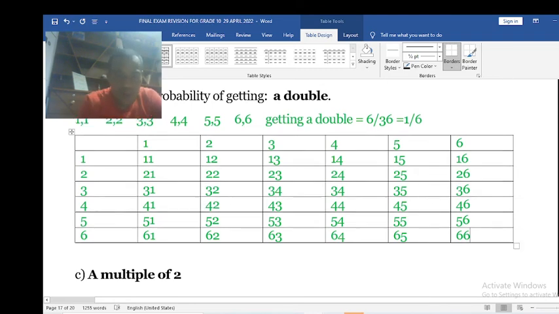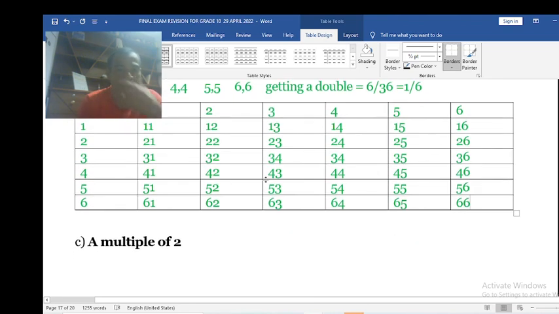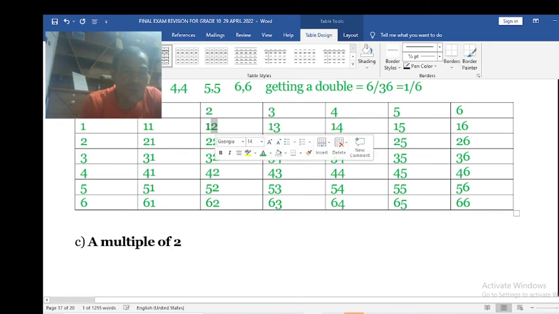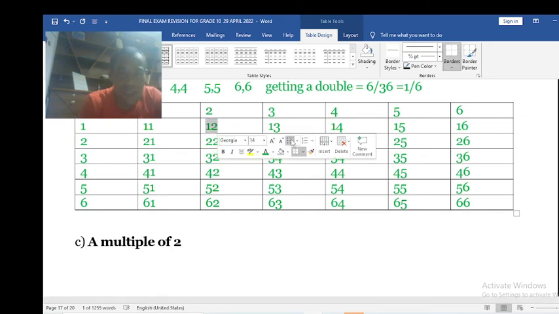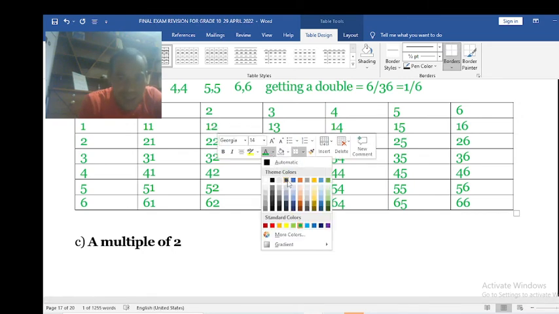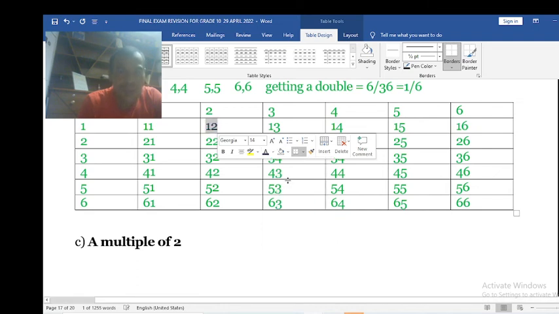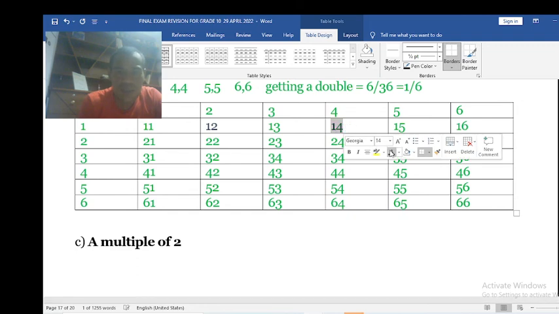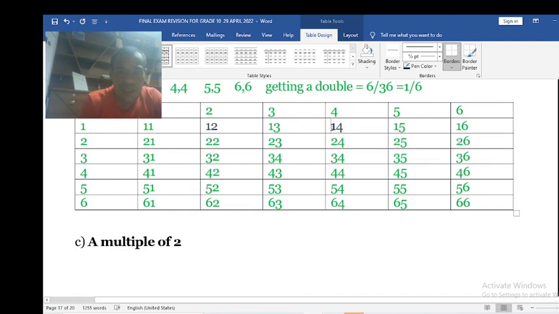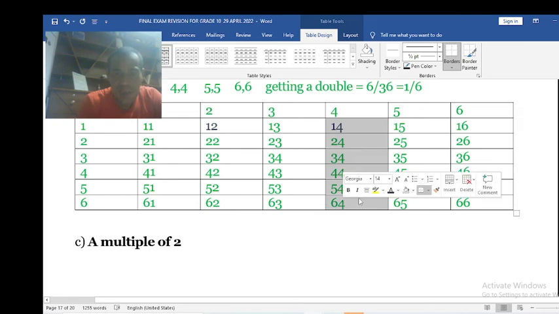Now the question: multiple of 2. I will mark the multiples of 2 with another color if it is possible. Okay, this is a multiple of 2. All of these are multiples of 2. Then this is also a multiple of 2.